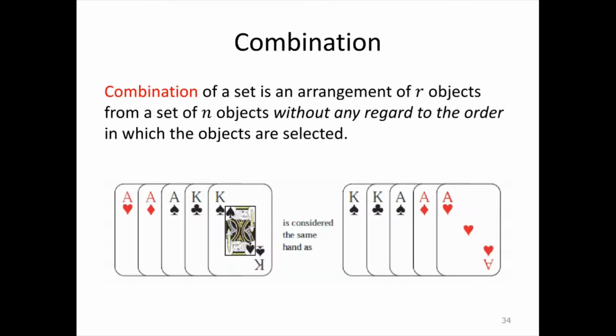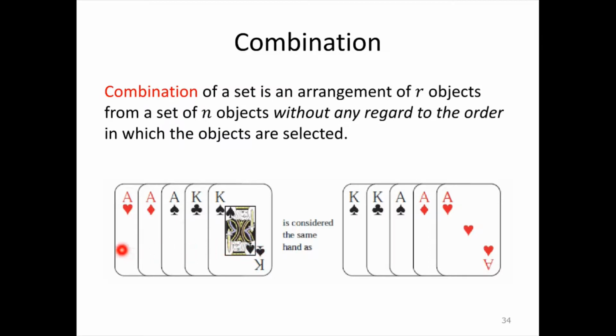Okay, the second type of counting is what we call combination. If in permutation, order is very important, in combination, order is not important. So for instance, if you choose a hand in a poker card, it doesn't matter the order in which the cards appear, right?